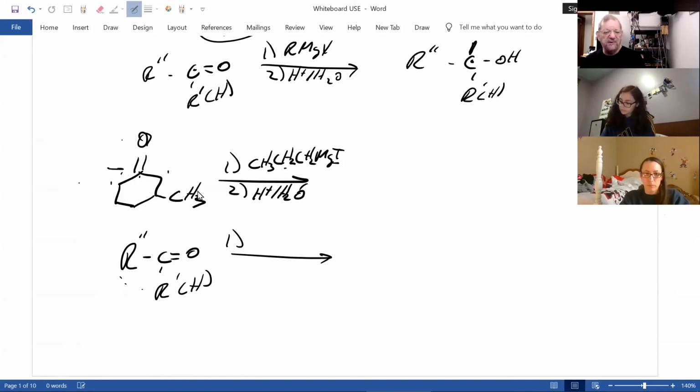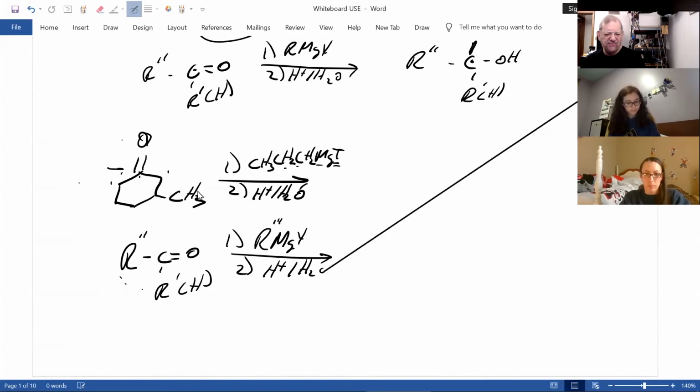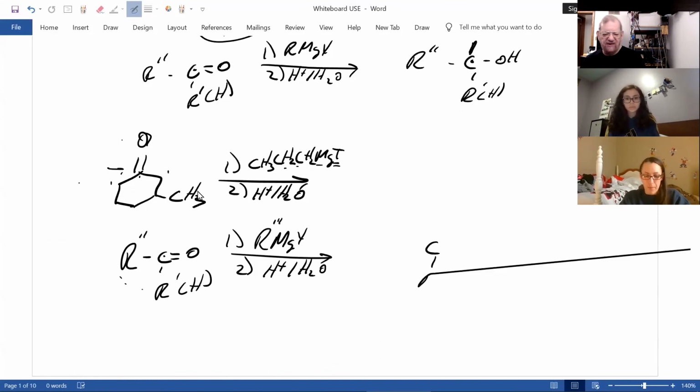What's up here? Carbon, ooh, magnesium halide on a carbon, Grignard. Second step, acid and water. And keep your eye on the carbonyl carbon, which is attached to that already, is still attached.